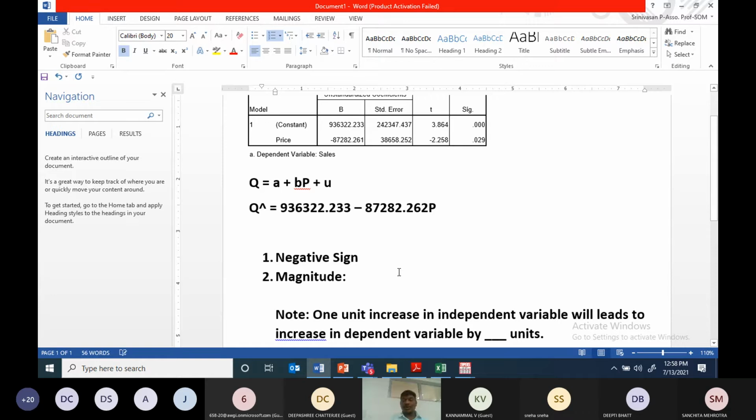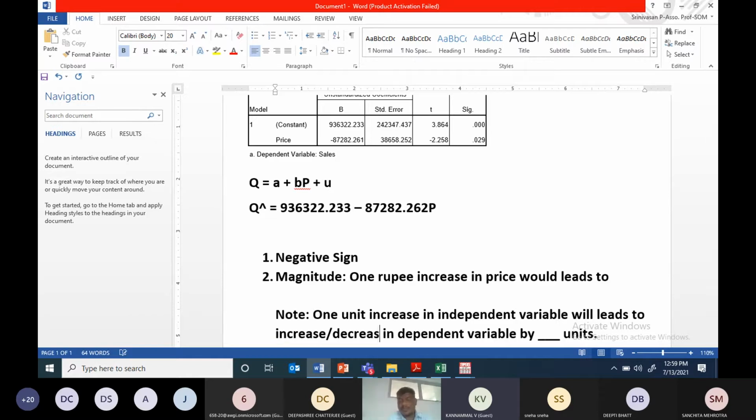Now come to the magnitude. I will apply it here. 1 rupee increase in price would lead to how much? Come on, tell me correctly. Is this an increase or decrease?